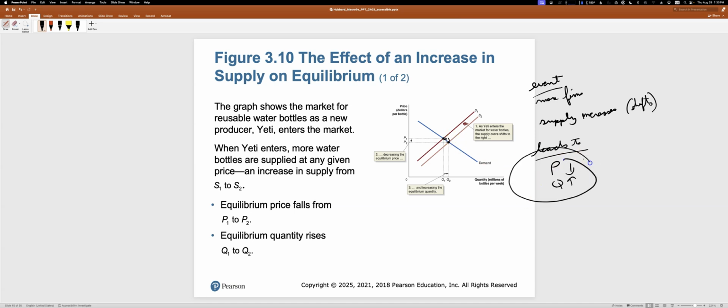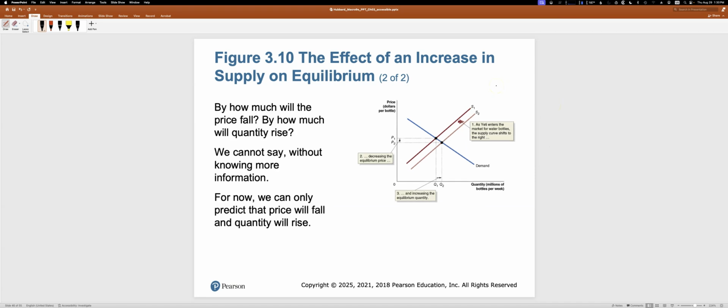But we can predict as economists now what will happen to the equilibrium price and quantity in the market given a certain event happening. And we can see this here, right? That we could answer these questions with general direction. We would need more information if we wanted to know how much they were changing, because we would need to know how much the supply is shifting.